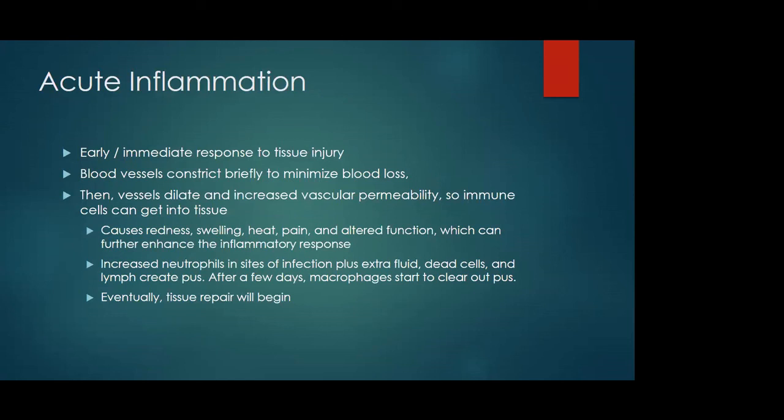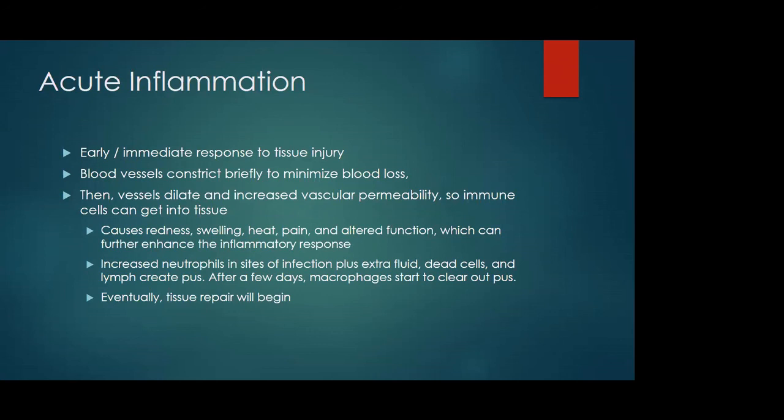Acute inflammation are those quick, early responses to tissue injury, right? In acute inflammation, you have blood vessels that constrict really briefly to minimize blood loss, and then they dilate and increase their permeability so that immune cells can get out of the blood vessels into tissue.